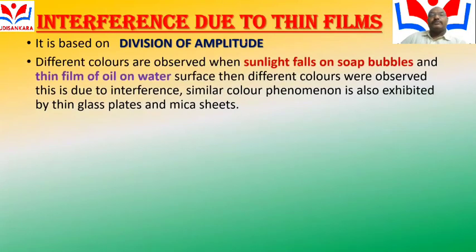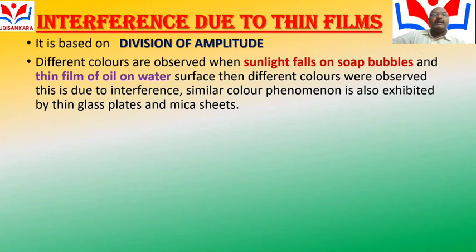Different colors are observed when sunlight falls on a soap bubble or a thin film of oil on a water surface. This is due to interference. Similar color phenomena are also exhibited by thin glass plates and mica sheets.